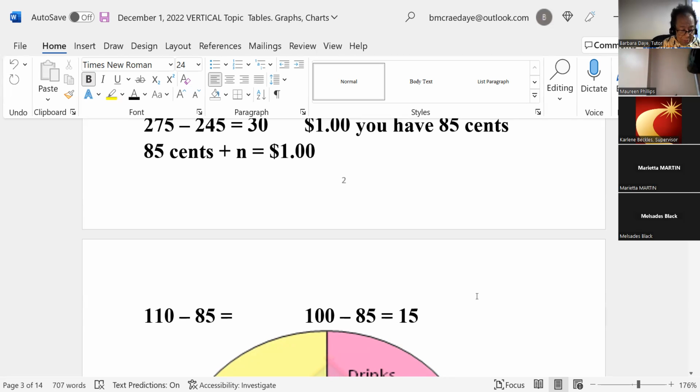So you could just say 15 plus 10 is equal to what? 15 cents plus 10 cents is 25. That's right, 25.